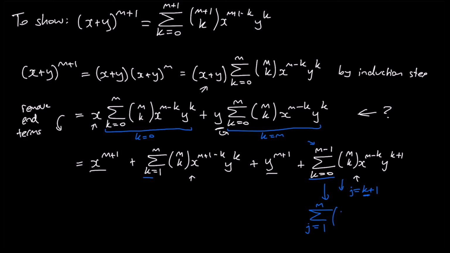And then m choose j minus 1, x to the m minus j plus 1, y to the j. So that is my corrected sum.